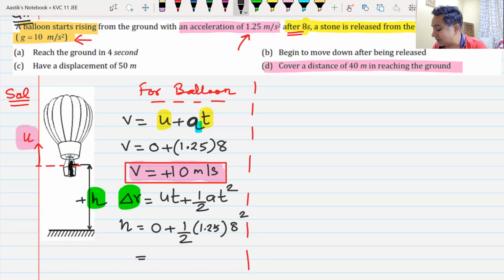Can you tell me what is the height that you are getting? Forty meters, sir.